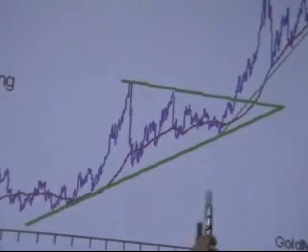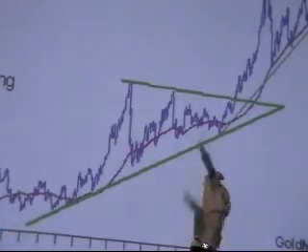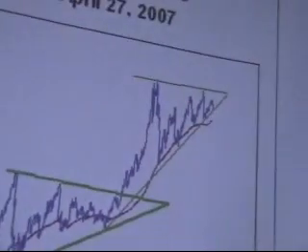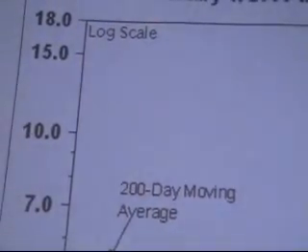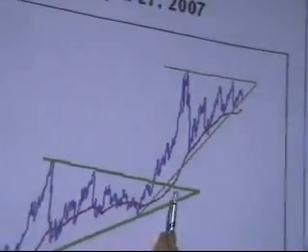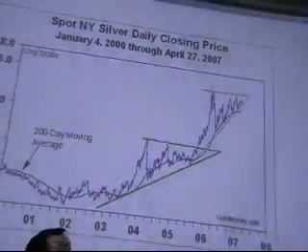And you also see that once it broke out of the triangle on the upside, it went all the way to 15. So this second triangle is another. Remember, this is an ascending triangle. It is horizontal here, and it is upward sloping or ascending out of the base.